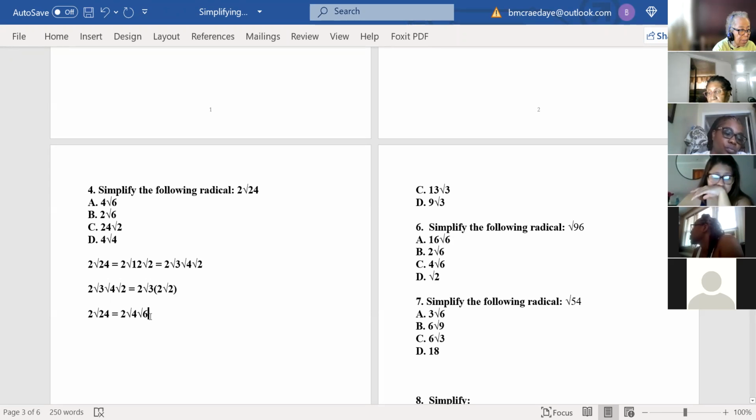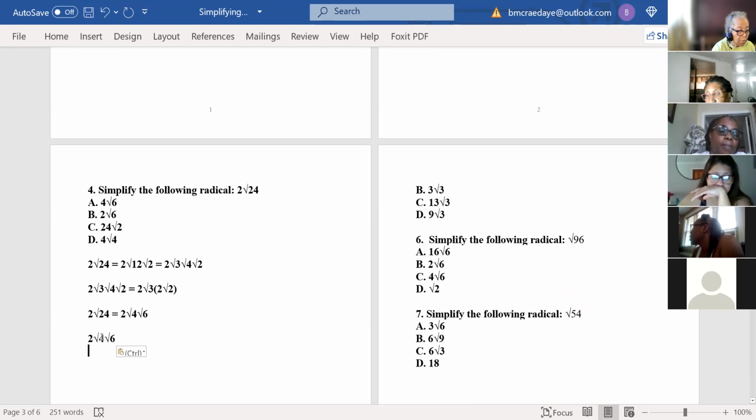Now, what's the square root of 4, Vanessa? 2. So let's just copy this and put the square root of 4, which is 2. And just so you know, we're multiplying here, I'll put parentheses 2 and then take out the square root of 4 because that's a 2.